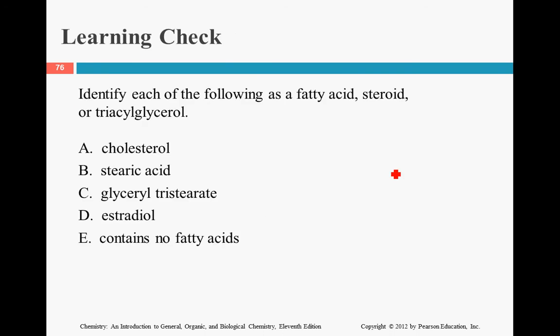Alright, so we're going to break it down and look at everything that we've looked at so far. Fatty acids, steroids or triacylglycerols. Cholesterol, we've been talking about, that's a steroid. Stearic acid, that's the carboxylic acid, it's a fatty acid. Glycerol tristearate, that means it's a triacylglycerol.